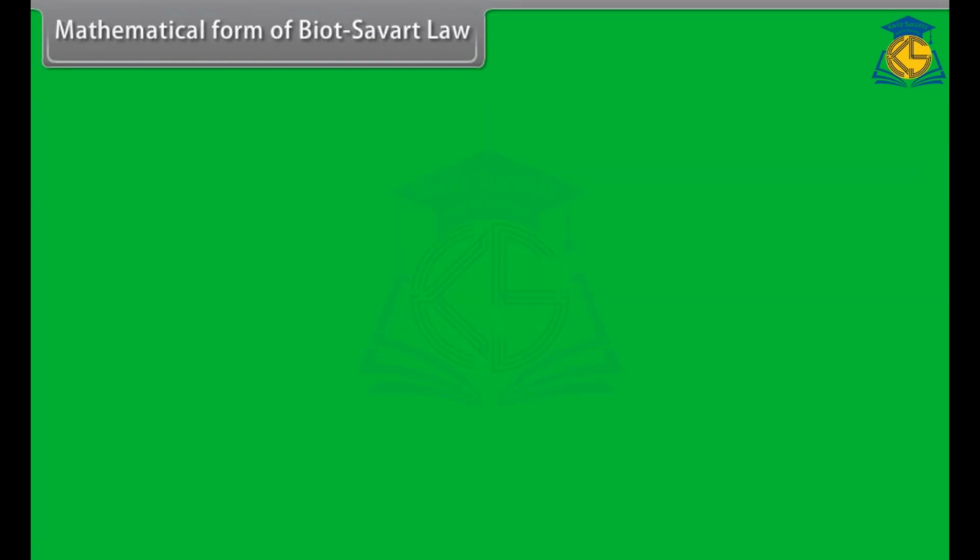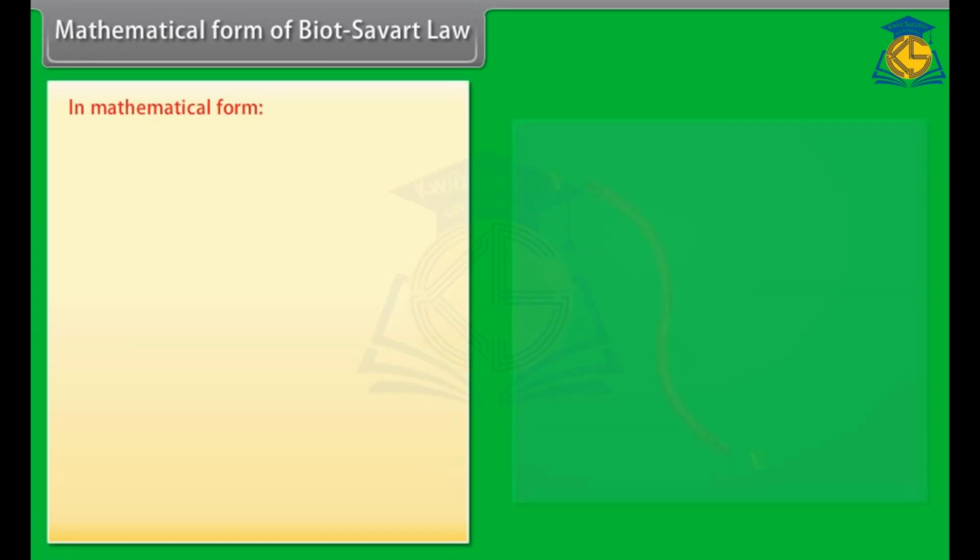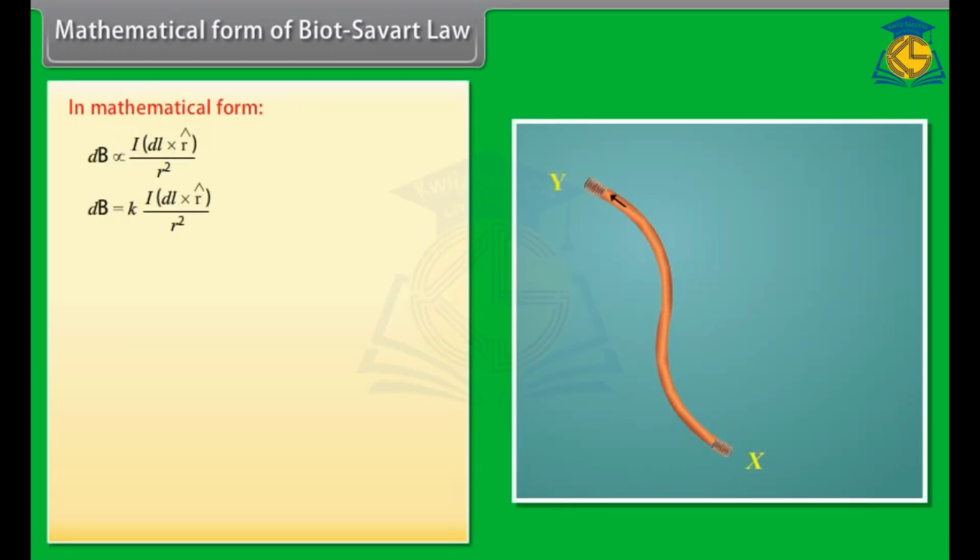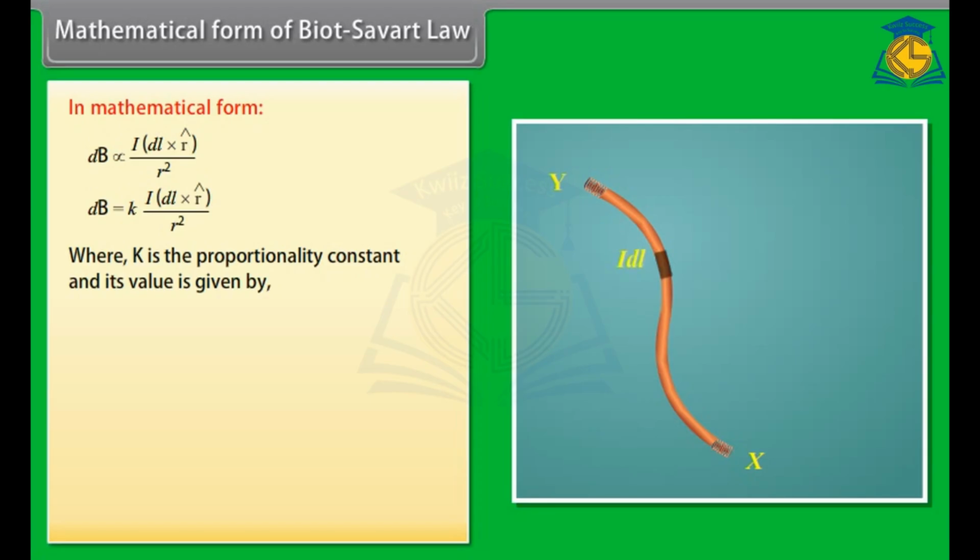Mathematical form of Biot-Savart law. In mathematical form, dB is equal to k multiplied by I and cross product of dl and r cap divided by r square, where k is the proportionality constant and its value is given by mu naught upon 4 pi.